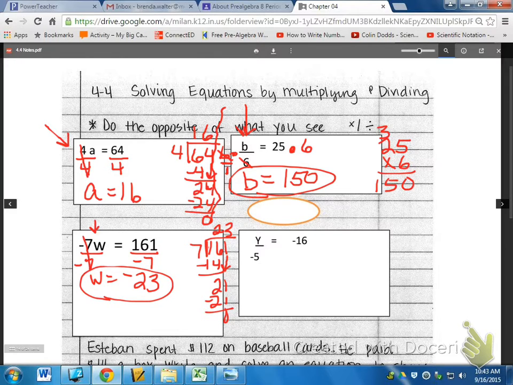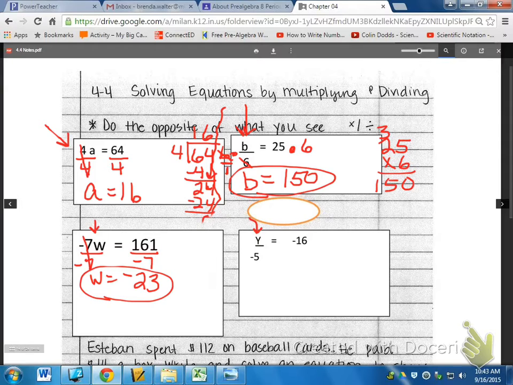Okay, so we're going to work on this last one over here. Y over negative 5 equals negative 16. So we've got to figure out what Y over negative 5 means. What operation is there?